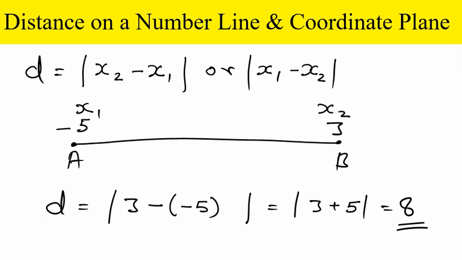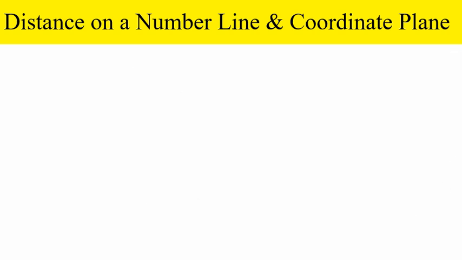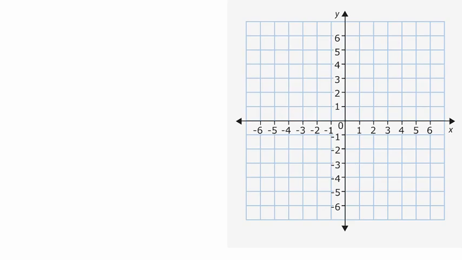Now let's try to do it again. Now let's move on to a coordinate plane. If I want to find, let's draw a line from here up to this point. Now find the distance for this one.